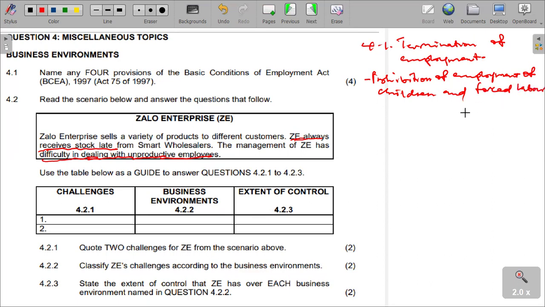We can talk about regulation of working time. They are all conditions that are identified in terms of the Basic Conditions of Employment Act. It also identifies particulars of employment and remuneration.